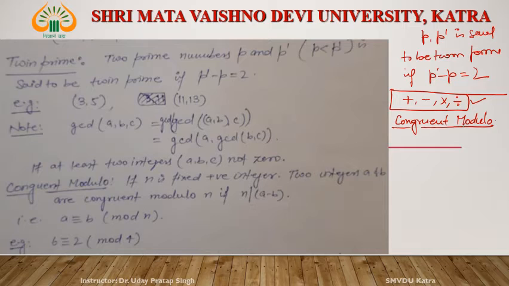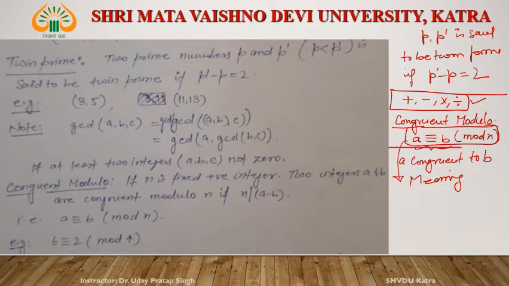Congruence modulo is denoted by the symbol with three lines, with some number A and some number B, and it is read as A congruent to B modulo N. What is the meaning of that?